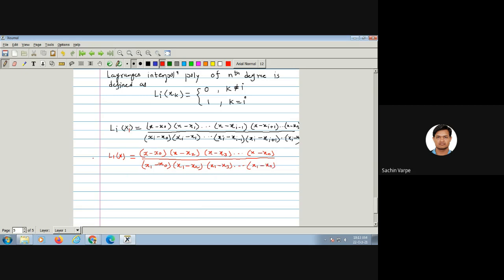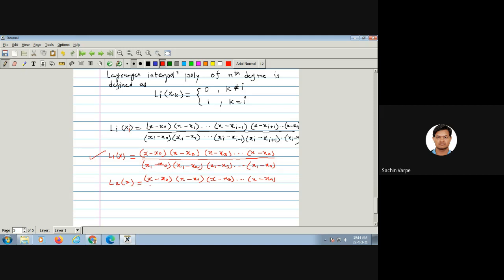So this is L1. If I want to define L2, how do I write? L2 of x will be x minus x0, x minus x1, and we eliminate the x minus x2 term. We are not considering the x minus x2 term. The next term is x minus x3, and so on, x minus xn.